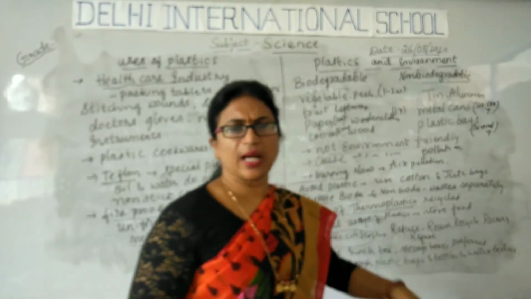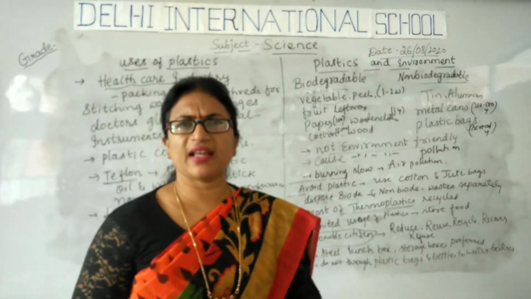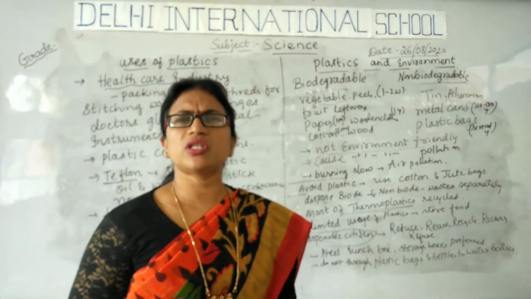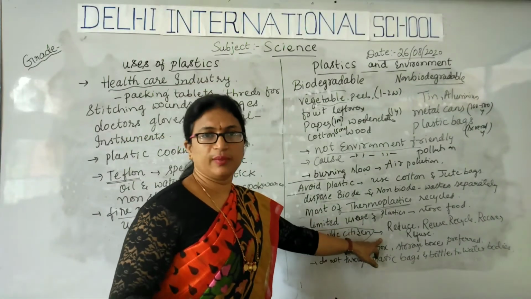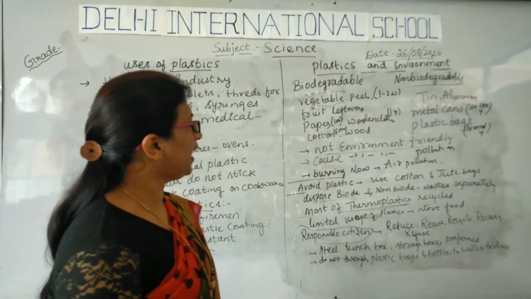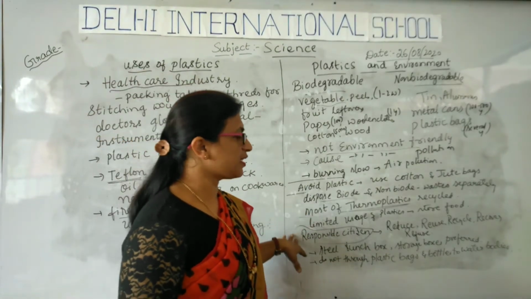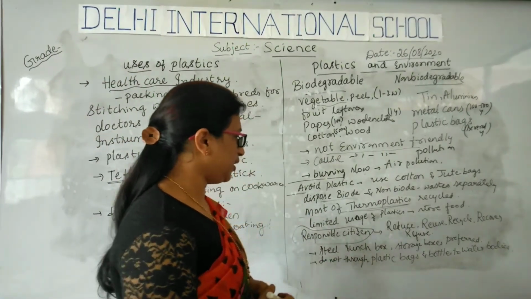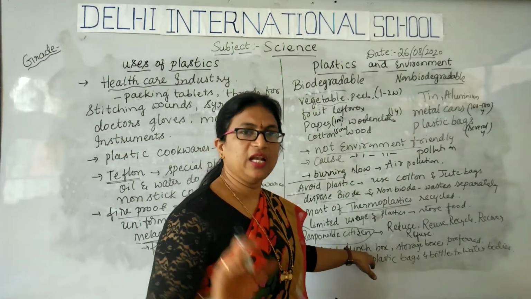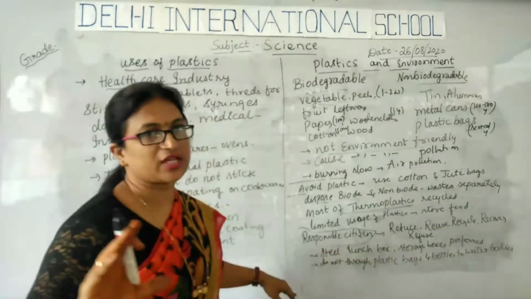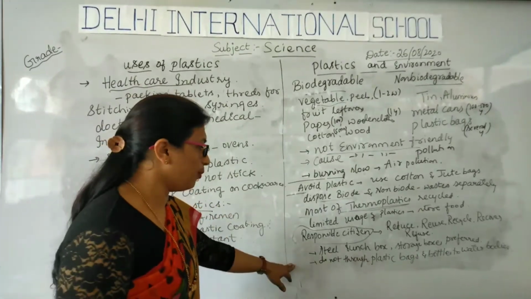And then completely refuse. If you go to the marriage hall, you completely refuse the water bottle, isn't it? So avoid, that is refuse, means reject. So like this we can act as responsible citizens. And we should prefer steel lunch boxes and steel boxes to store food items or groceries in our home.